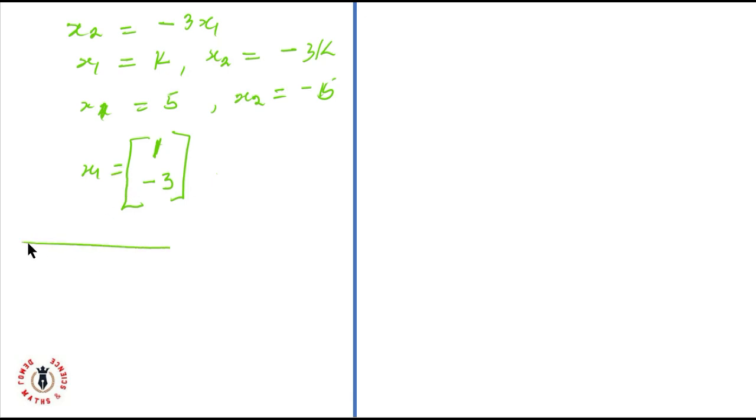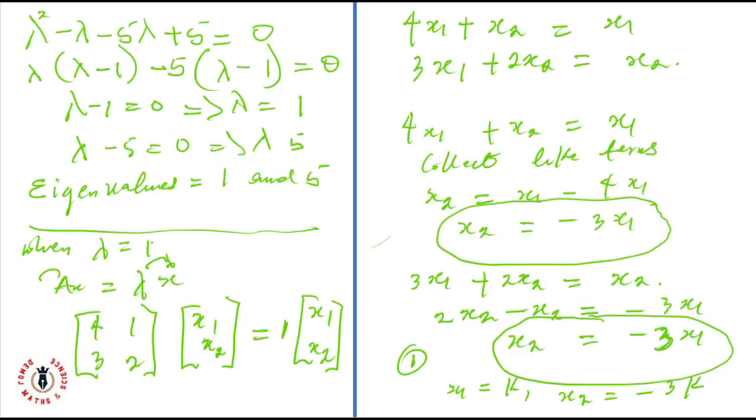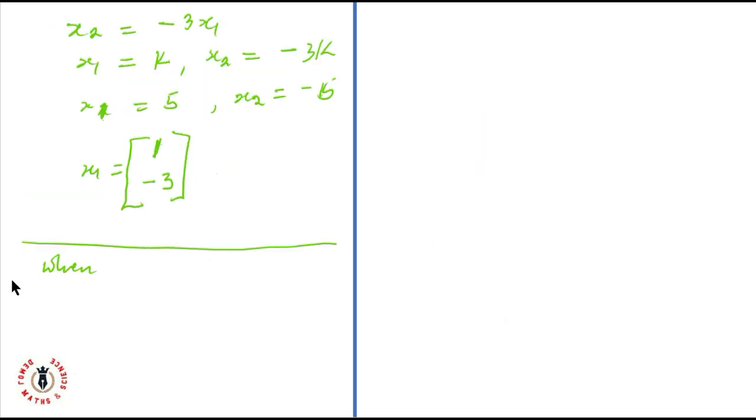We have treated when lambda is equal to 1. Now let's solve when lambda is equal to 5.